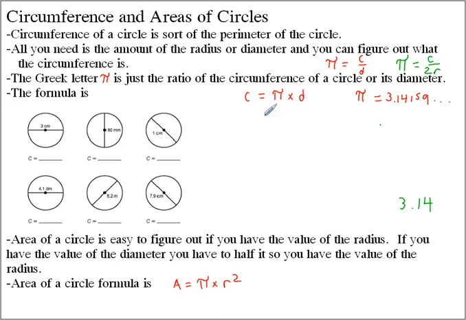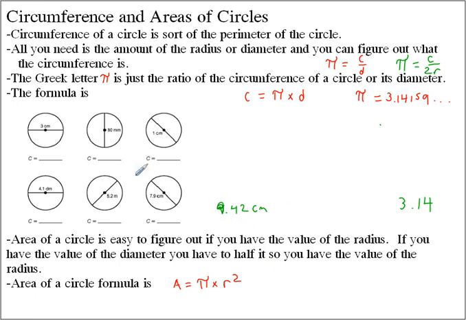If we plug that into the calculator, 3.14 times the diameter of 3 centimeters, you're going to end up with 9.42 centimeters. Remember, it's just going to be centimeters because we're just measuring distance, the distance around the actual circle. So that's the reason why it's just centimeters, not centimeters squared. When we get to area, we're going to deal with centimeters squared.